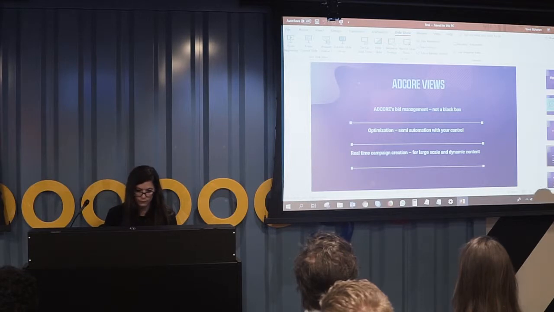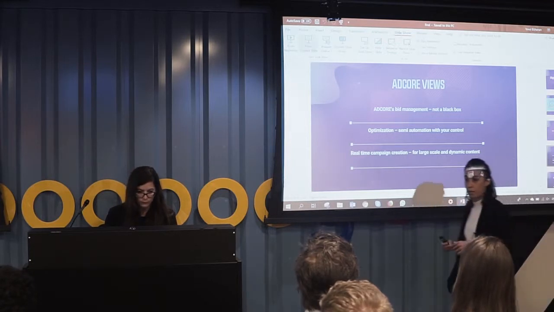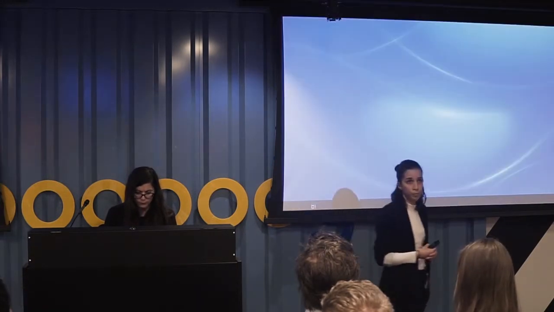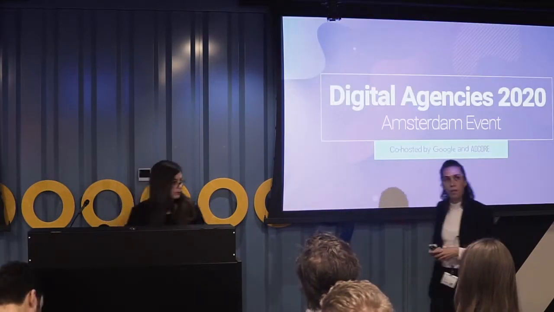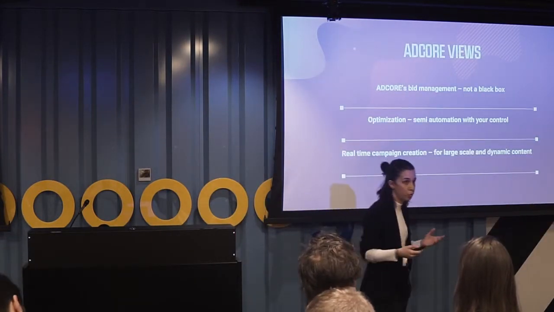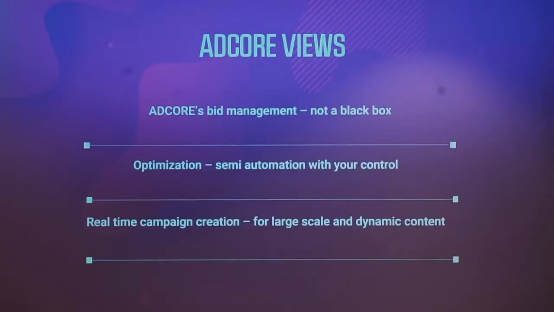It's semi-customized and you have an ability to see the different changes, so it might be a better fit for some of you. The second thing would be optimization rules. Also semi-customized according to your needs and your definitions. And the last thing will be real-time campaign creation, feed-based, but for search in this case, especially for large-scale and dynamic content clients.